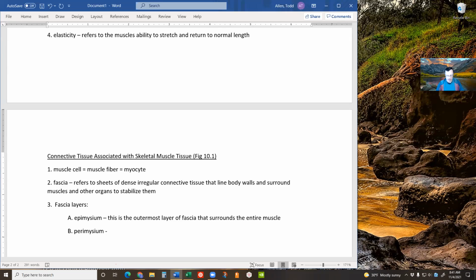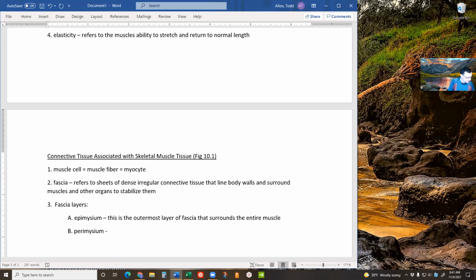This is the layer of fascia that surrounds bundles of muscle cells, or a group of muscle cells. A group of muscle cells has a special name. It's called a fascicle.